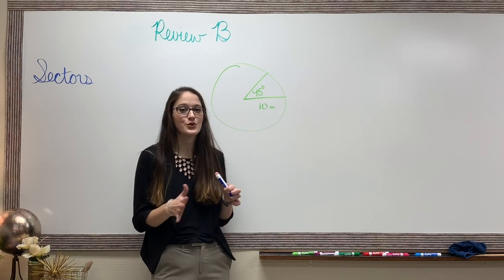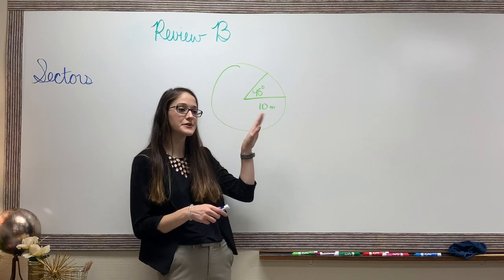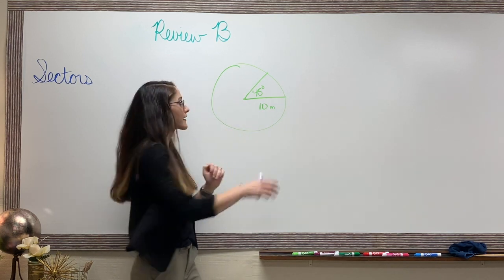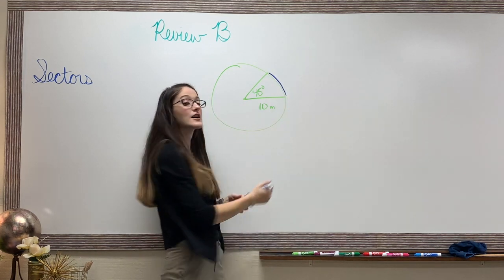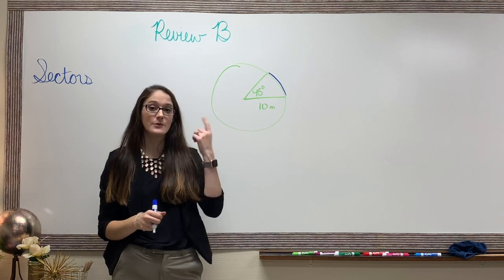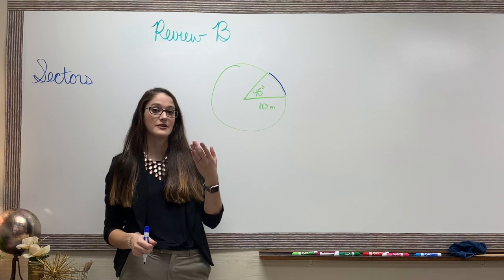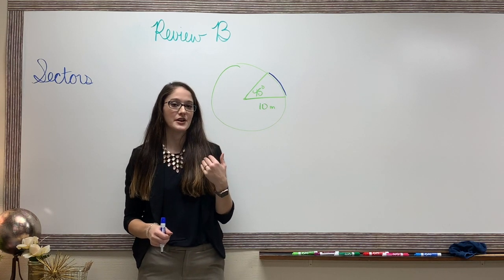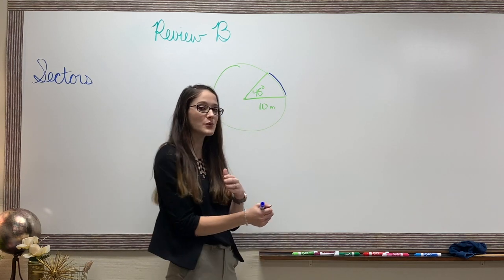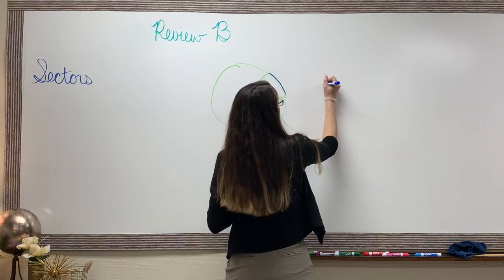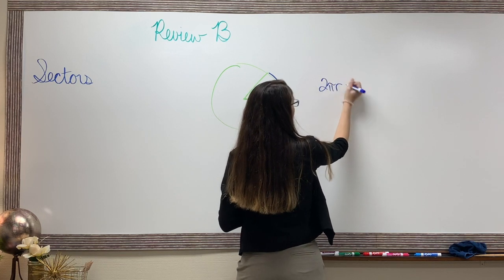For this next example, let's say that we're still using the same circle, but this time they don't want to know the area of this sector, they just want to know this length of the circumference. We're going to take the same concept that we've been using to find area of a sector, and we're going to apply it to finding the circumference of a sector. So we're still going to work with our formula for circumference, which is 2 pi r.